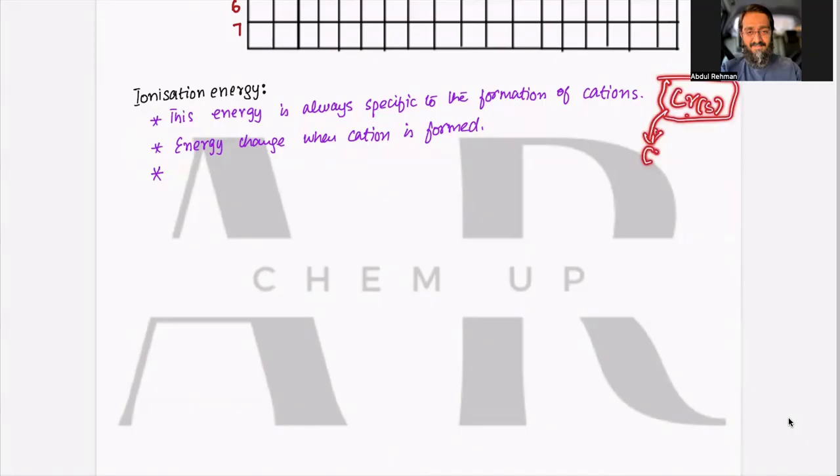So how would the ionization energy reach it? You are telling me that we need to provide the energy to it, right? We are going to provide the energy until it removes the electron and turns into an ion, right? Yes, sir. Now, how do we usually provide the energy? By heating something, right? If I heat it, what is going to happen to it?